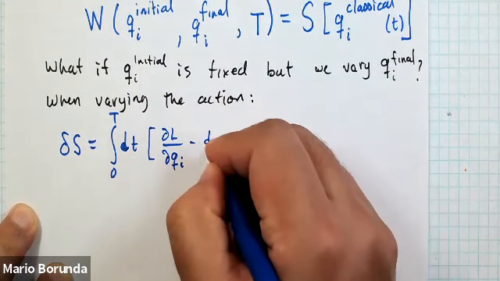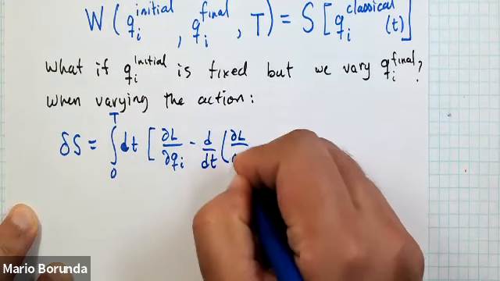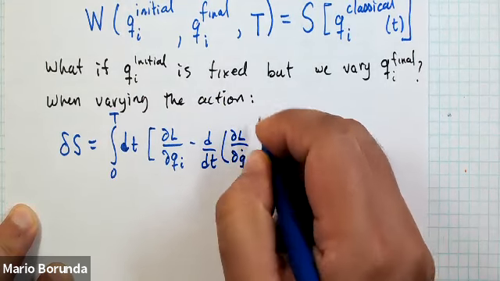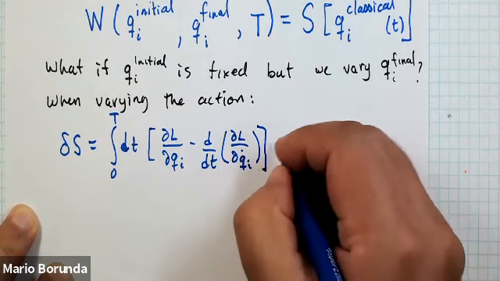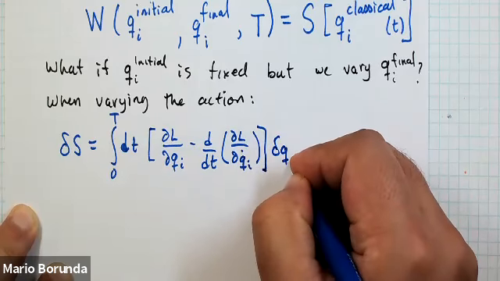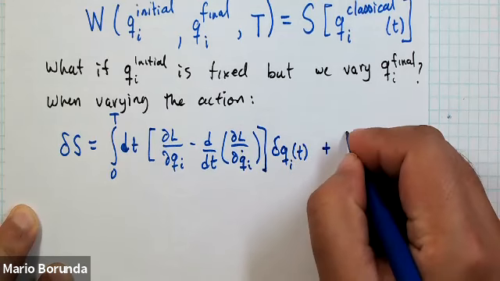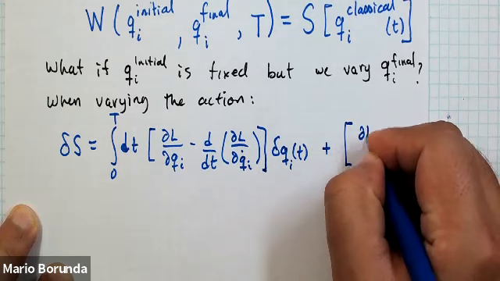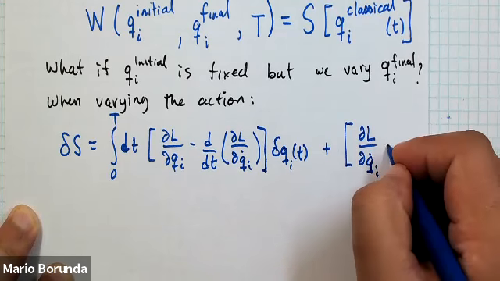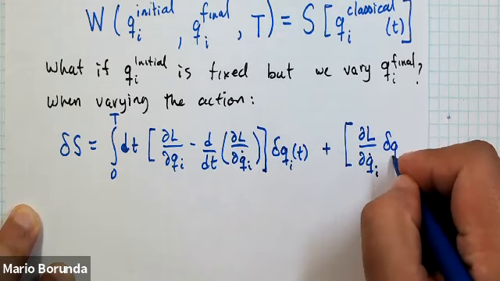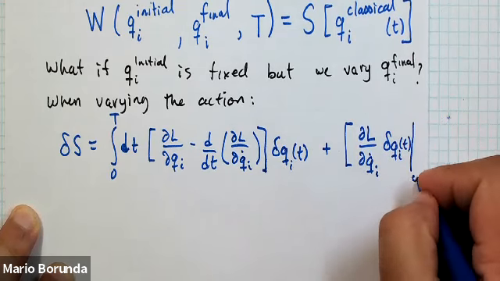Partial, time derivative of the other partial. Then this one right here. And then we have an extra term here that is also evaluated at 0 and t.